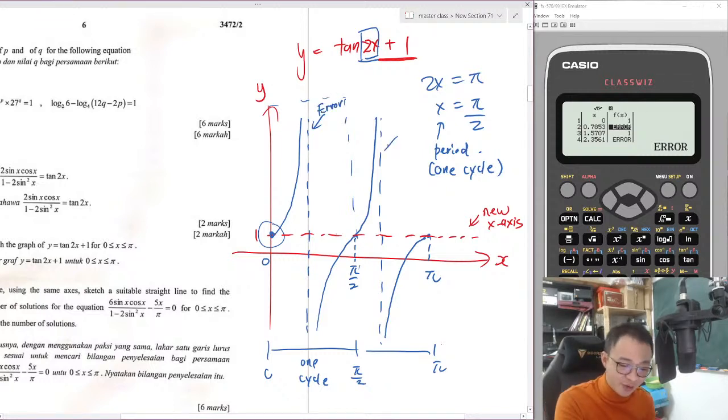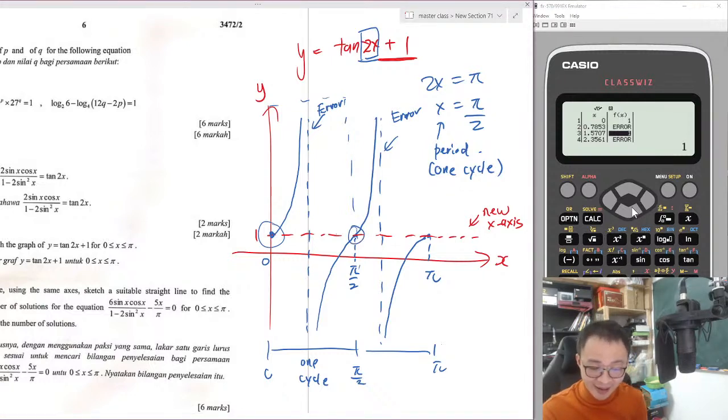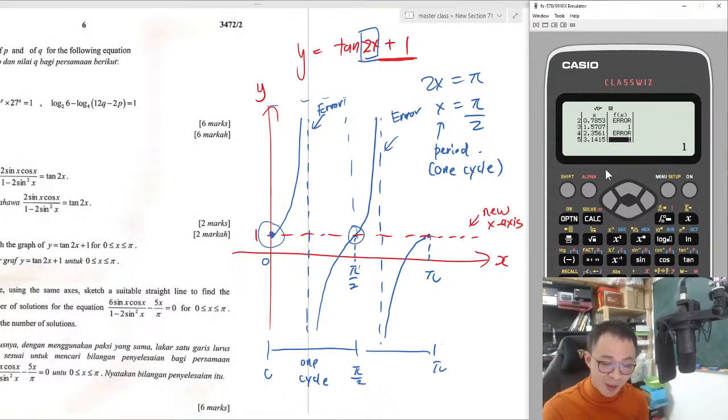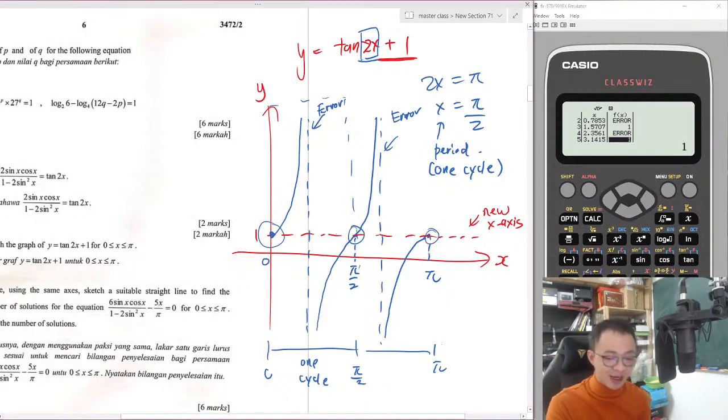Your second arrow will be here. And then this is pi over 2, you will start at 1 here. And this is 1 pi, 3.14115. This is another point here. So the calculator gives you some points to help you double check if your graph is correct or wrong.